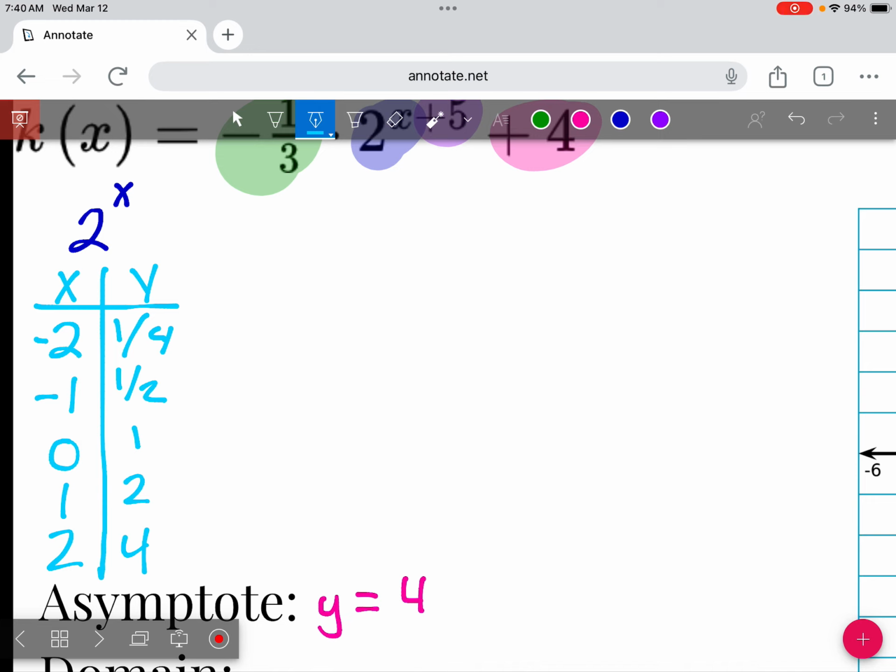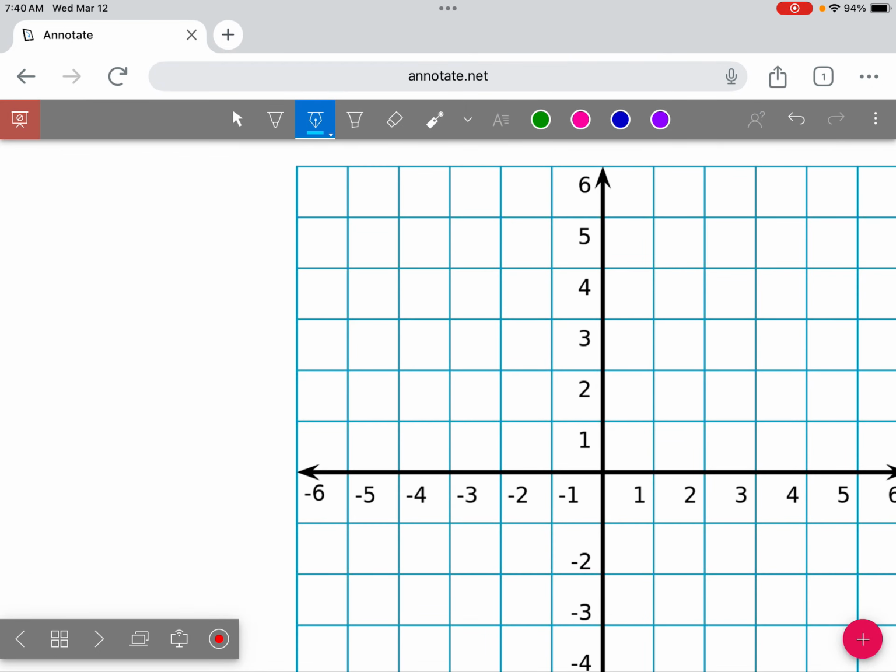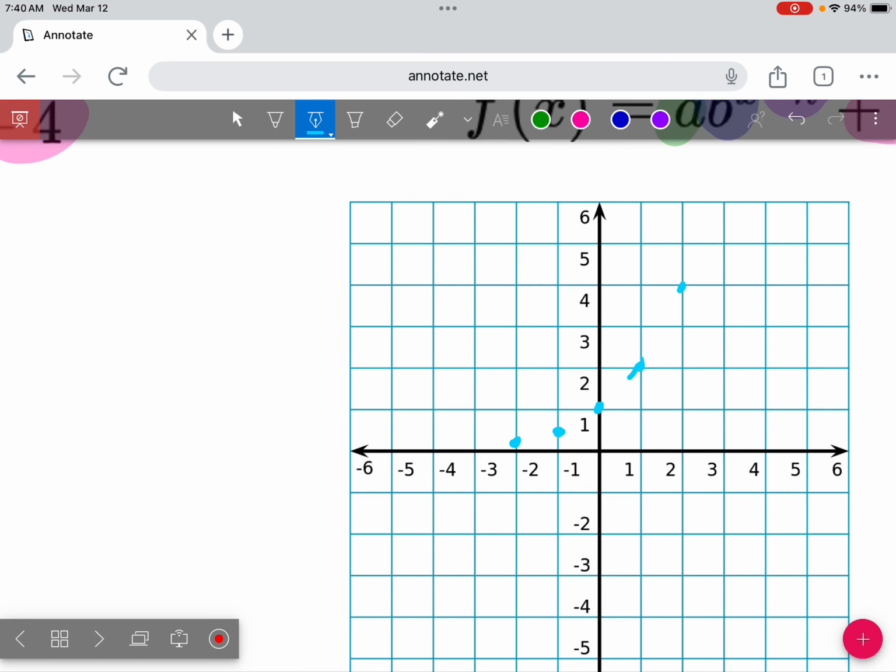So plot up those points. And we're going to get that our parent function looks like this.